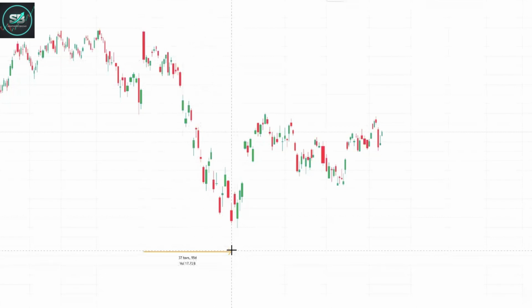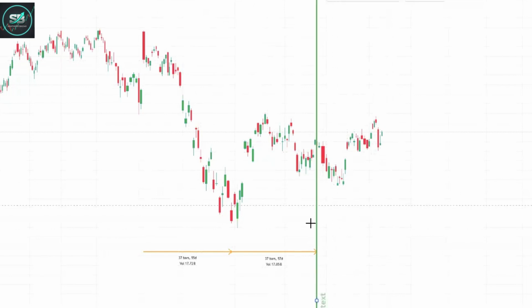Now exactly from this low, we will again take 37 bars. Again exactly Nifty made a top here. Nifty made a bottom here. Again Nifty made a top here.